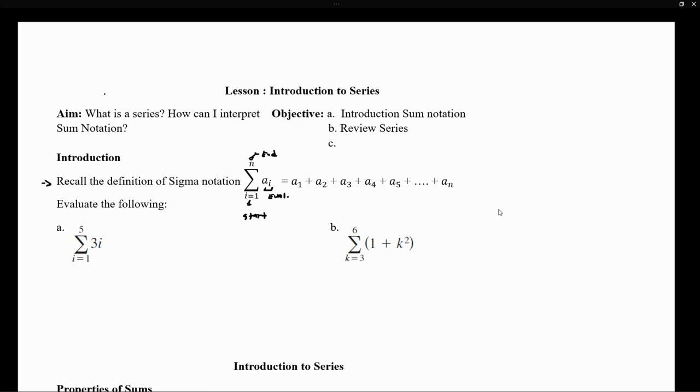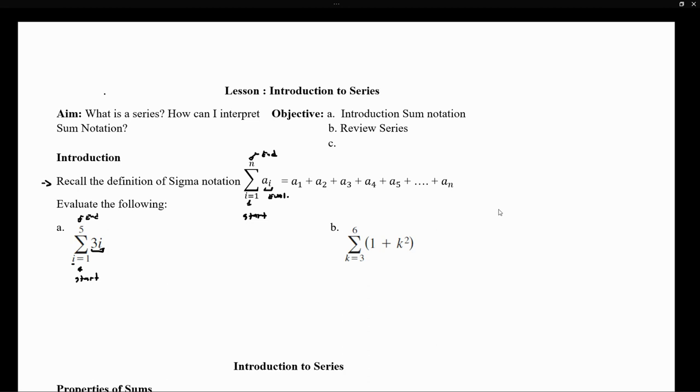So again, start by identifying the expression that we are evaluating. We're evaluating the expression 3i. And notice that we're going to start when i is equal to 1, and we're going to end when i is equal to 5. So the way that we evaluate sigma notation is we take a look at the expression. Before we get anything done, we have to make sure that we're talking about the same variable, so they're both i's.